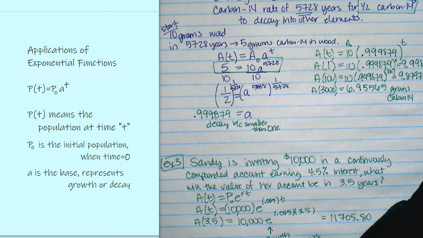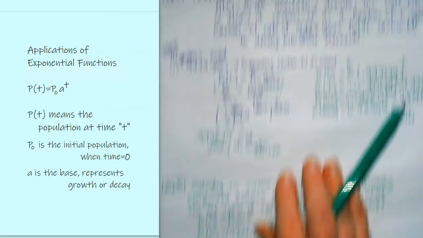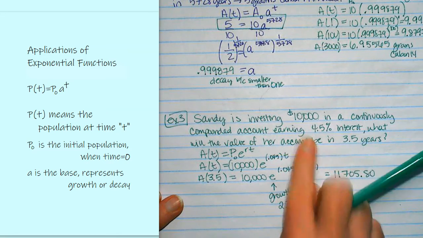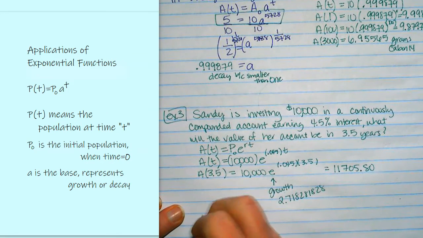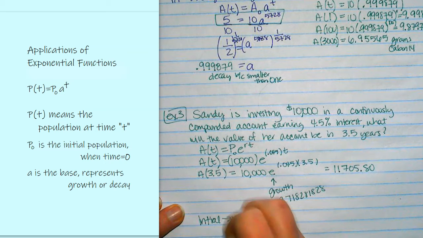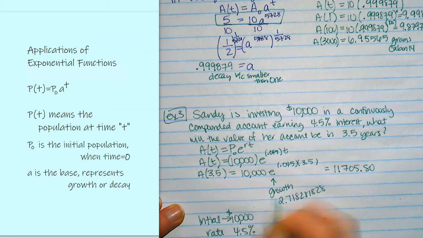Any questions that you have, you should let me know, of course. Make some notes on your paper. I do not expect for you to write out the problems completely in words, but what I would like, say this was your problem example 3, I would like for you to say something like initial is $10,000, rate is 4.5%, time equals 3.5.